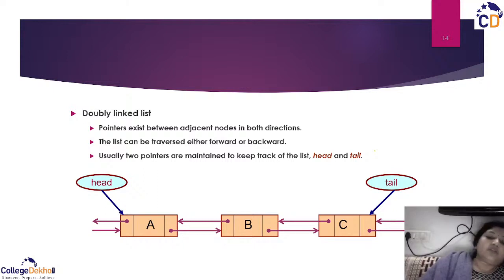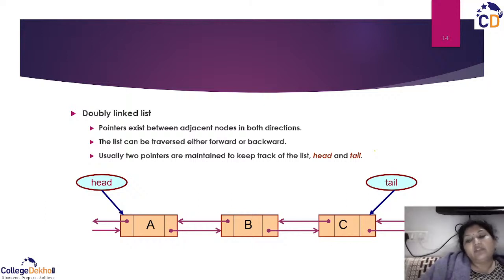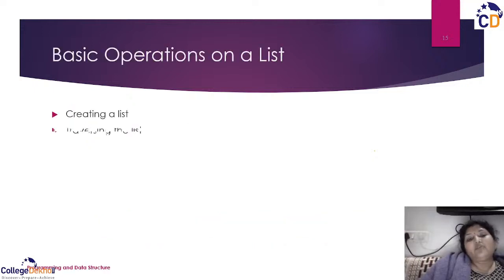The first part of the node represents the address of the previous element, and the last part of the node represents the pointer to the next element. So this is how it is connected. You have the first element that is head, you have the last element that is tail, right? So we use two pointers in a doubly linked list, head and tail. So these are the types of linked list.